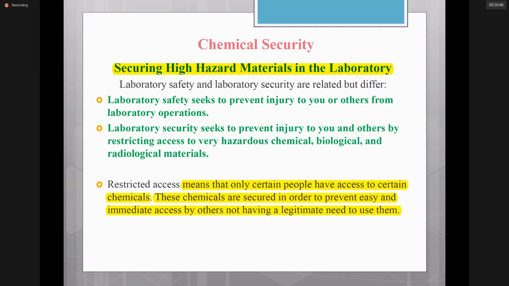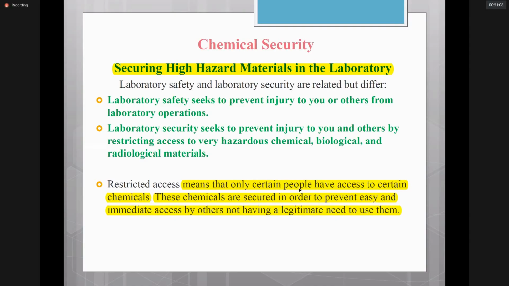Lab security is to prevent injury by restricting أو limiting access to hazardous chemical, biological or radiological material. That means by restricting access, we mean that only certain people have access to certain chemicals.